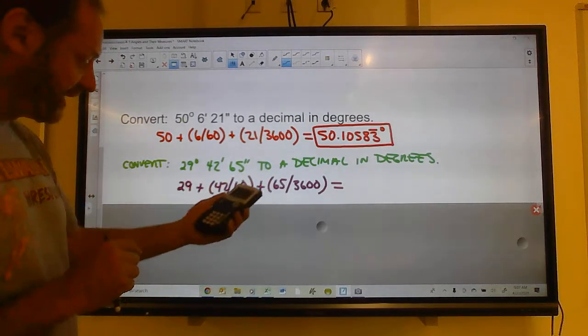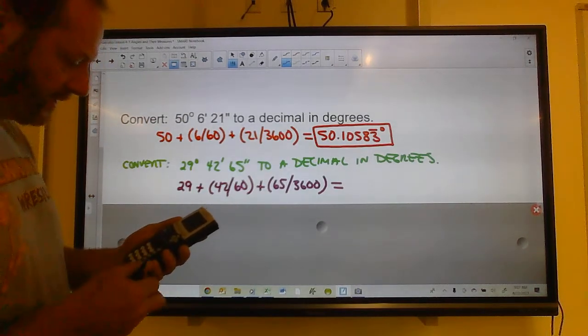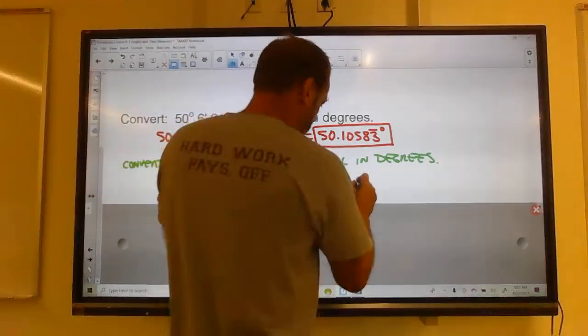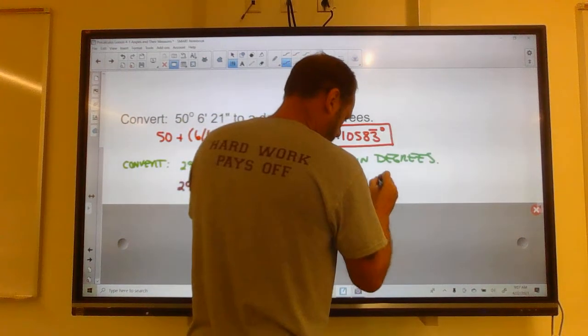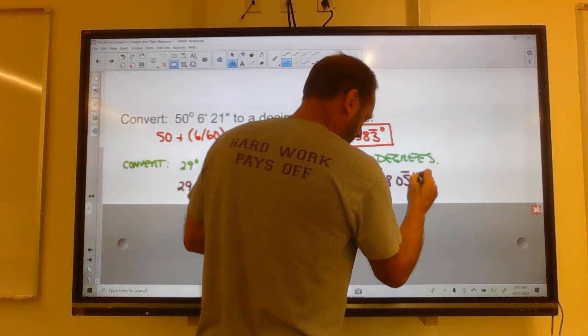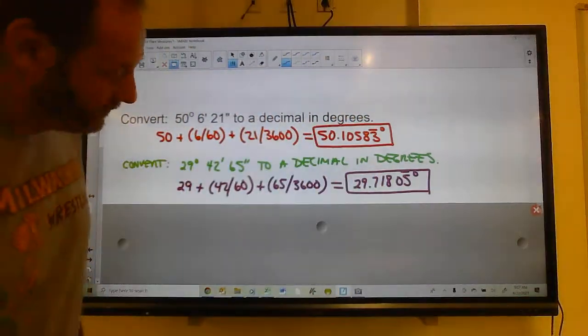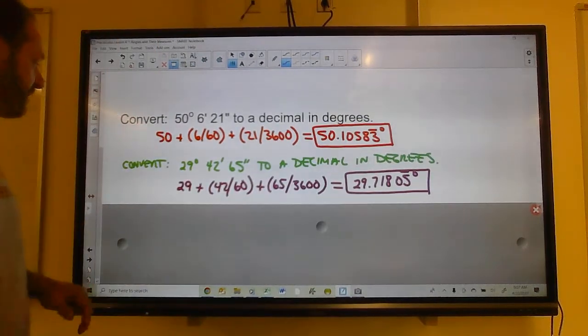I'm going to type it just like that. And so I get 29.71805 repeating degrees. Pretty simple.